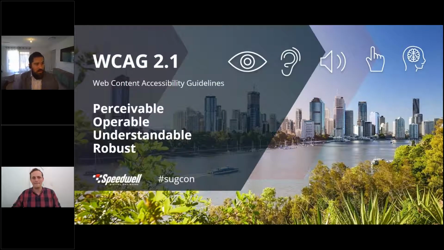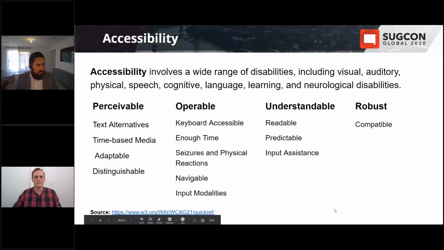we're currently in the stage whereby compliance for accessibility is governed by the Web Content Accessibility Guidelines. And they generally fall under these 4 categories: perceivable, operable, understandable, and robust. So, what is accessibility?